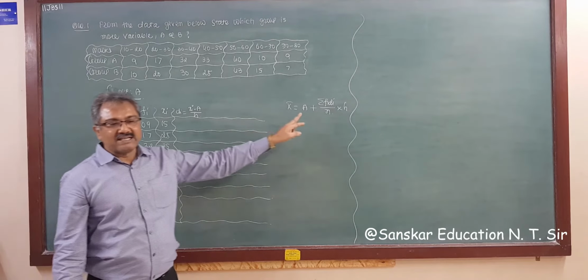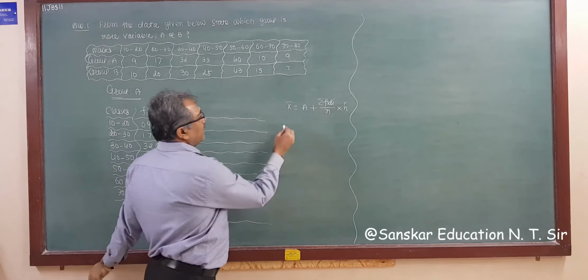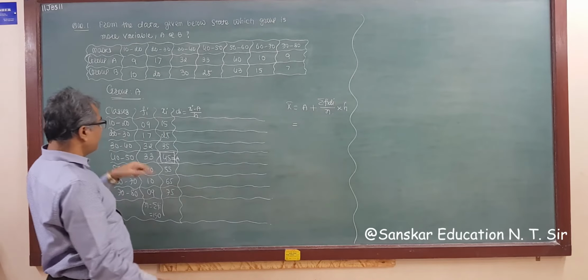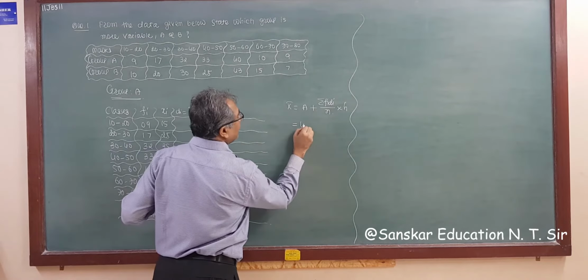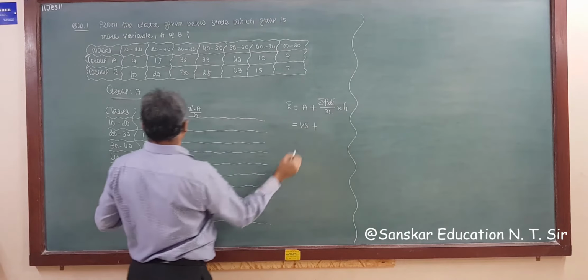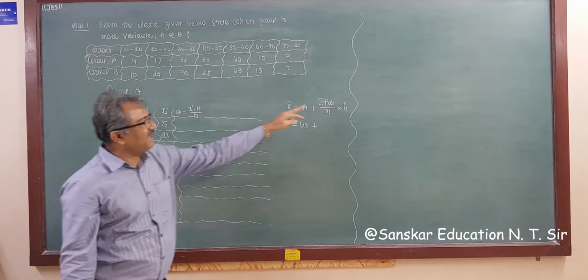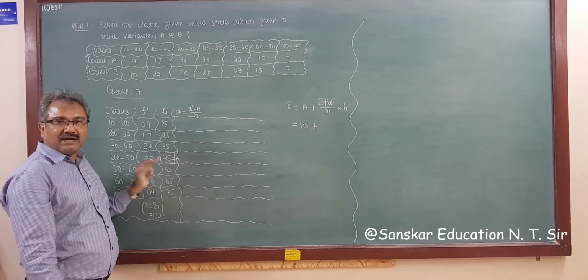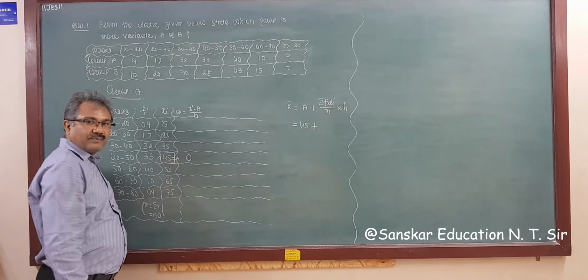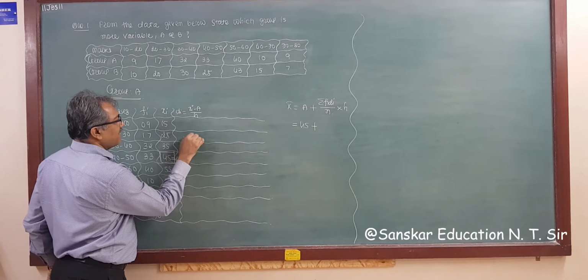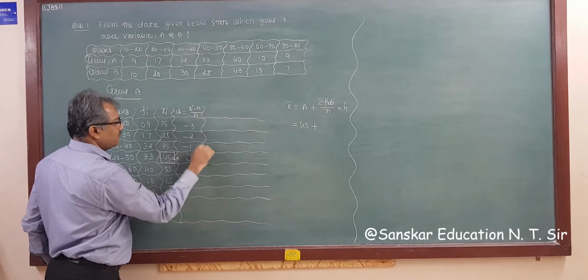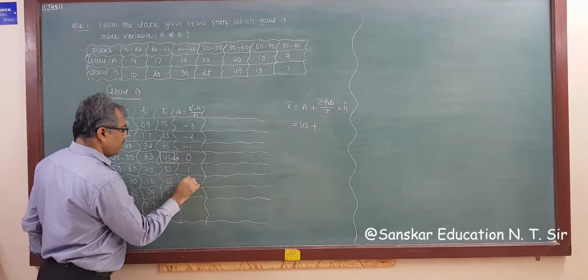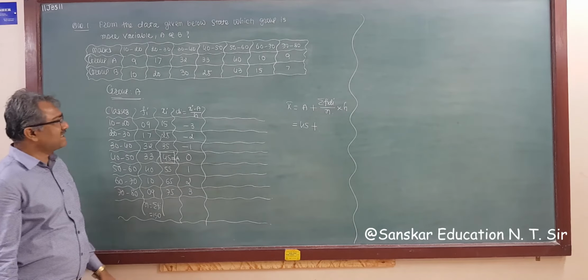So now X bar is equal to A, and here we decided A is 45. So 45 plus, now we require Di, Fi Di. Di is Xi minus A upon H, so this is 0, this is minus 1, minus 2, minus 3. Then 1, 2, 3. So this is Di.